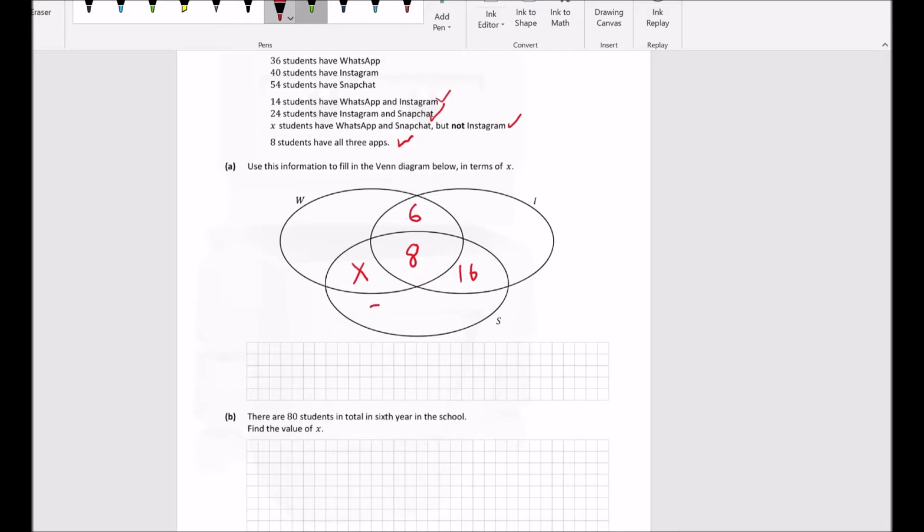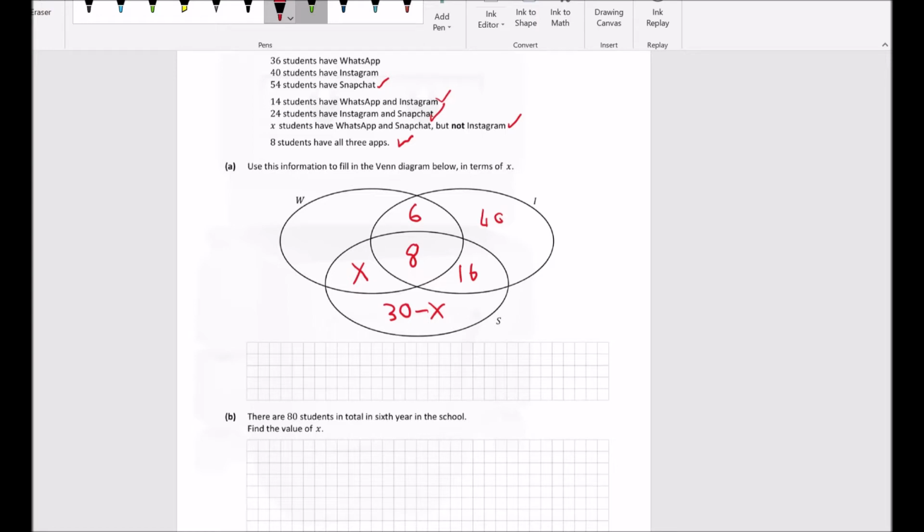So it'll be 54 minus 24 minus X. And 54 minus 24 is 30, minus the X. We don't know what the X is yet. 40 students have Instagram, but we're already after counting 16 of them here, 8 of them here, 6 of them here.